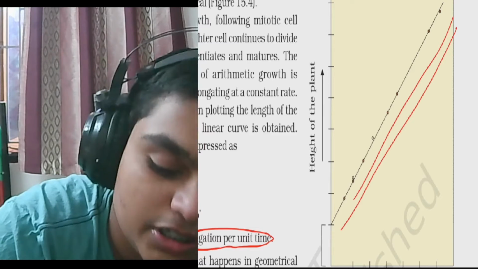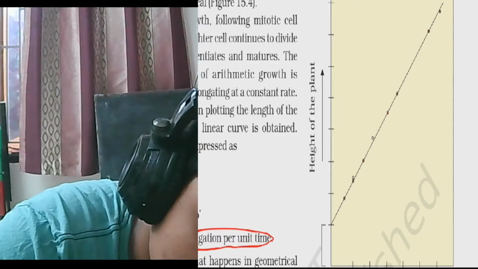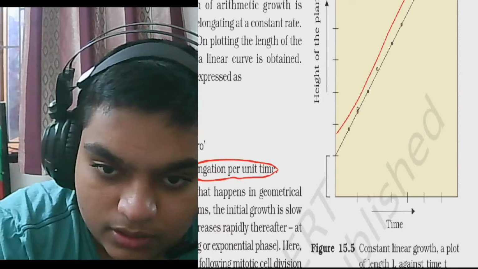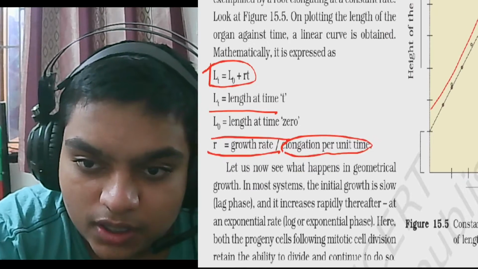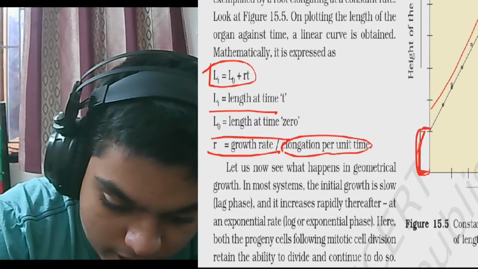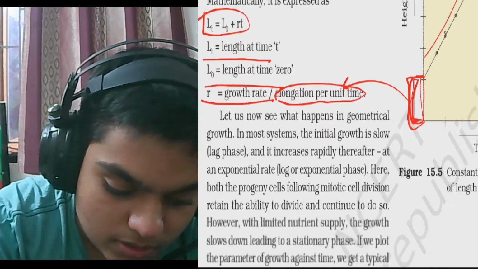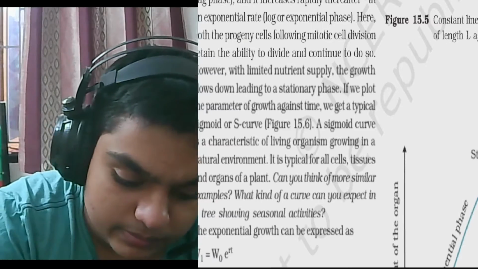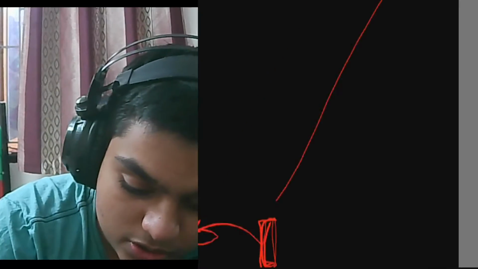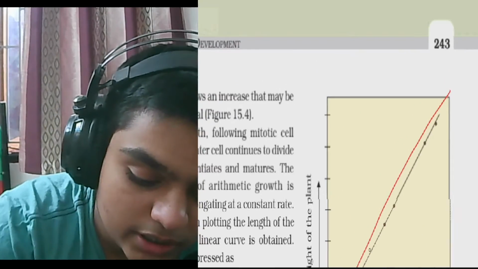This is your linear graph, and this part or portion is your rate. That is the graph for arithmetic growth rate. Write it somewhere.